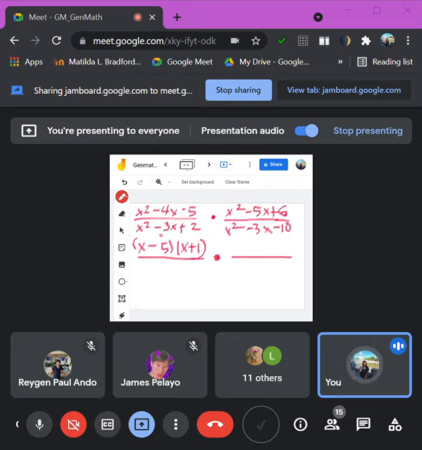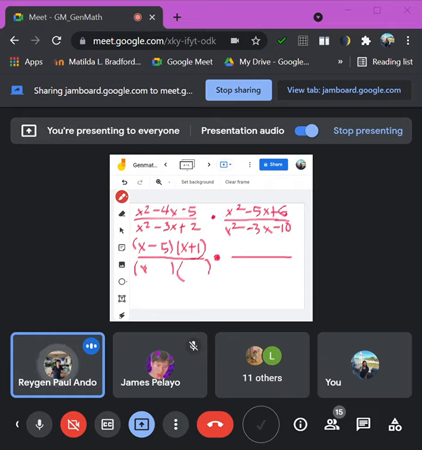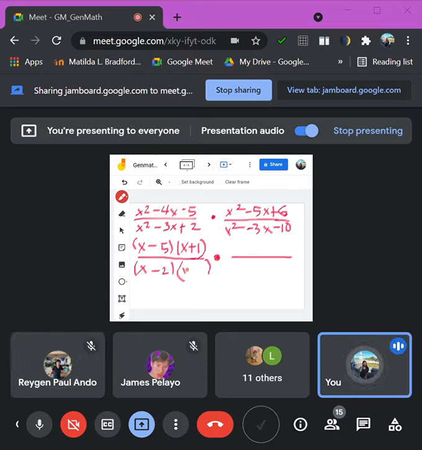Sige, how about sa kani? Suwayi ninyo ang x squared minus 3x plus 2. Unsa kahay factors diri? X minus 2 times x minus 1. Okay, very good. X minus 2 and then x minus 1. Negative 2 times negative 1, di ba?